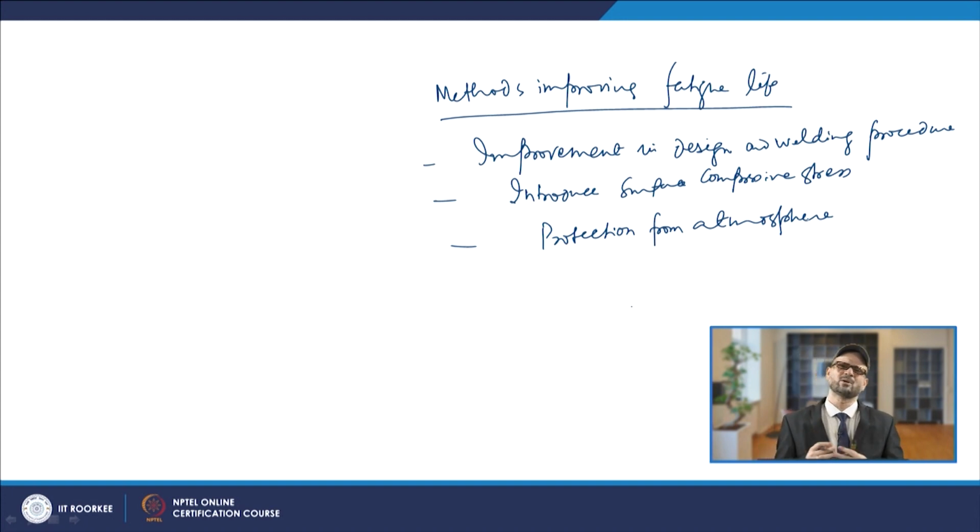So this is the introduction to the fatigue loading to which the weld is subjected, and against which we must have the proper approach for safeguarding the component or the welded specimen.